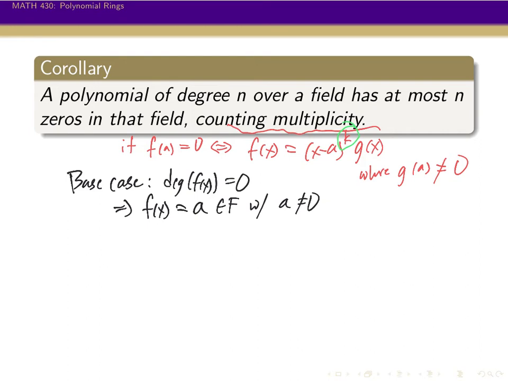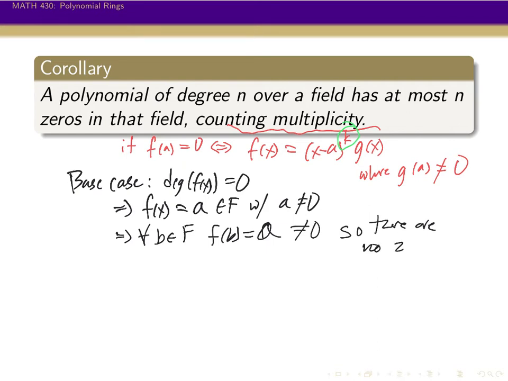Then for any b in the field, f(b) is just equal to a, which is not equal to 0. So there are no zeros. Degree 0 means there are no zeros. That proves the base case.